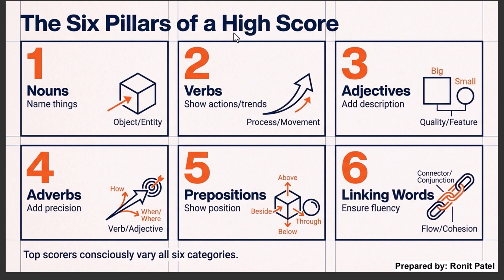Linking words ensure flow. These create fluency and continuity. Examples: overall, moreover, however, for instance. Exam impact is improved oral fluency. Top scorers don't just speak, they strategically balance all six pillars.